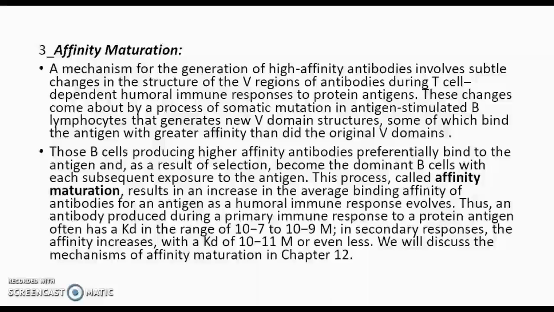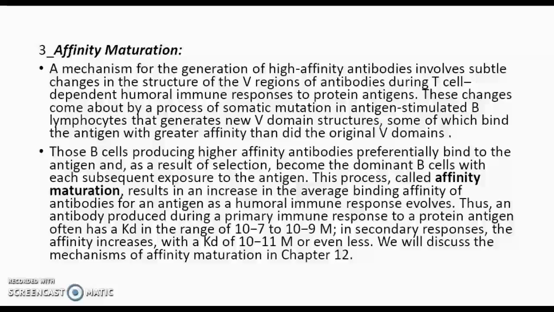Thirdly, the affinity maturation, a mechanism for the generation of high affinity antibody, involves subtle changes in the structure of the variable region of antibody during T-cell dependent humoral immune response to protein antigens. These changes can come about by a process of somatic mutation in antigen-stimulated B lymphocytes that generate new variable domain structures, some of which bind the antigen with greater affinity than did the original variable domain.